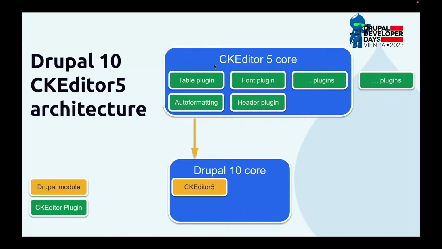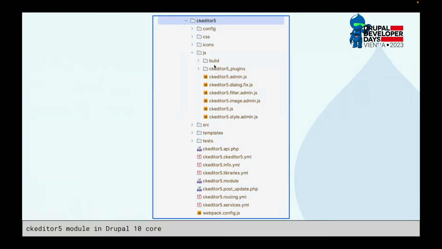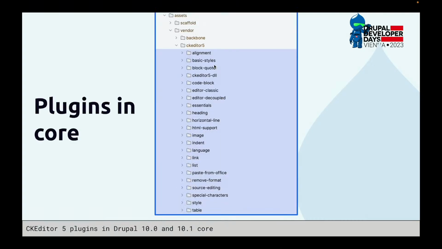If you start digging into the guts of Drupal, there is a CKEditor 5 module. If you open it up, it has a module structure according to the documentation, which brings all this functionality to Drupal.